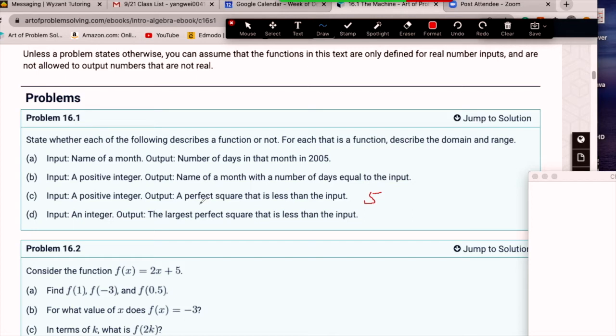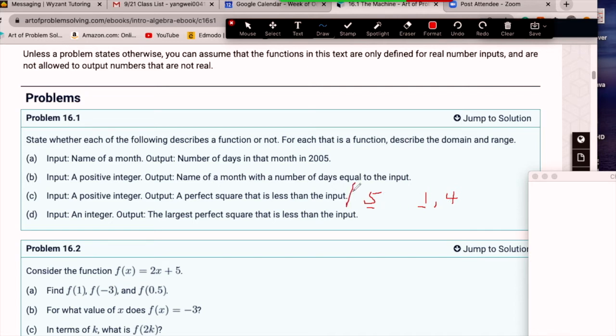Now you need to give me a perfect square number that is less than this input 5. We have 1 and 4, right? 1 is less than this 5. 4 is also less than 5. But these two numbers are all perfect square numbers.